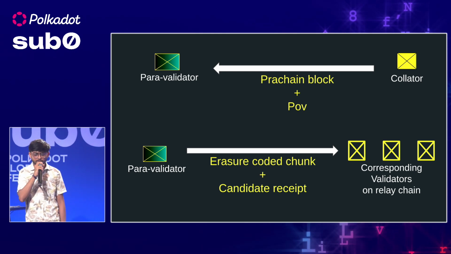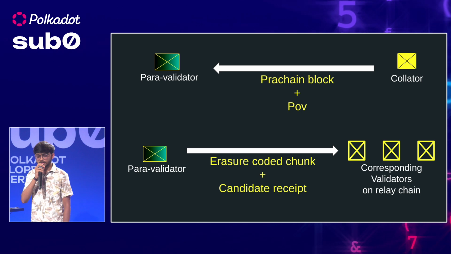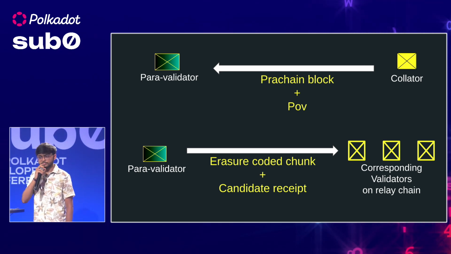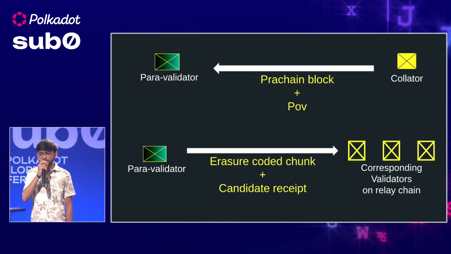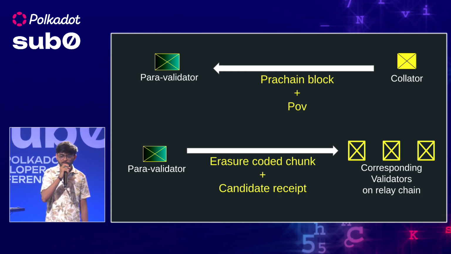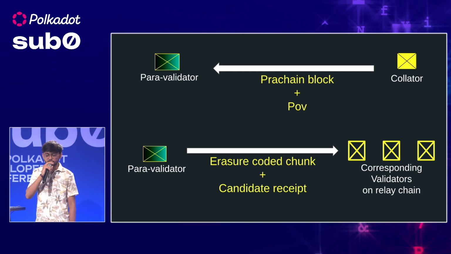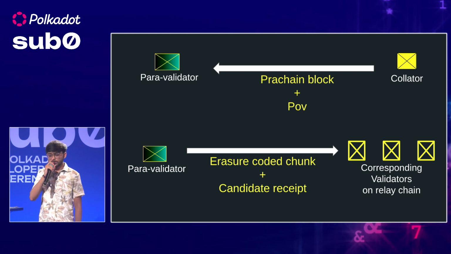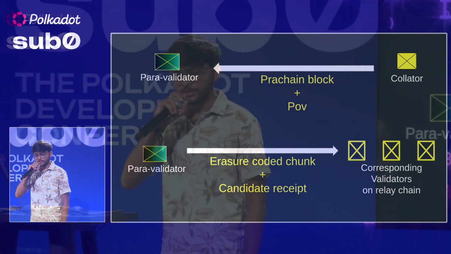Before sending this candidate receipt to the other validators on the relay chain, the parachain validator who created the candidate receipt must also perform erasure coding and generate erasure coded chunks, to send those chunks and the candidate receipt to its corresponding validators on the relay chain.